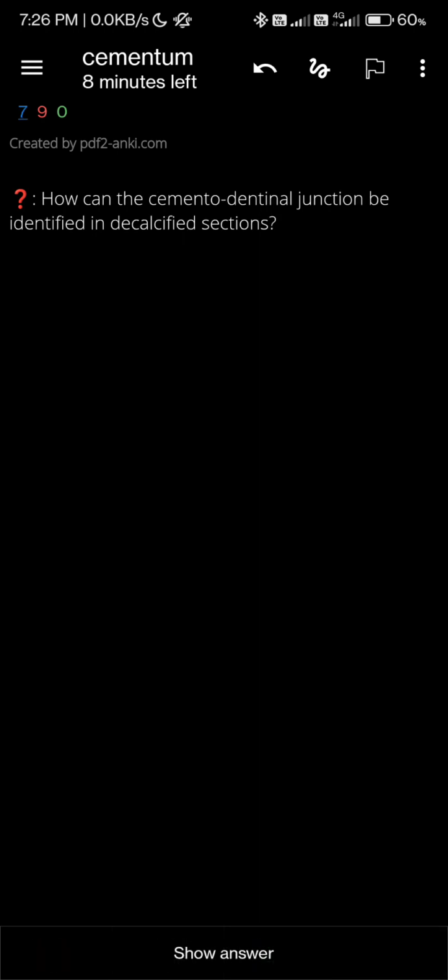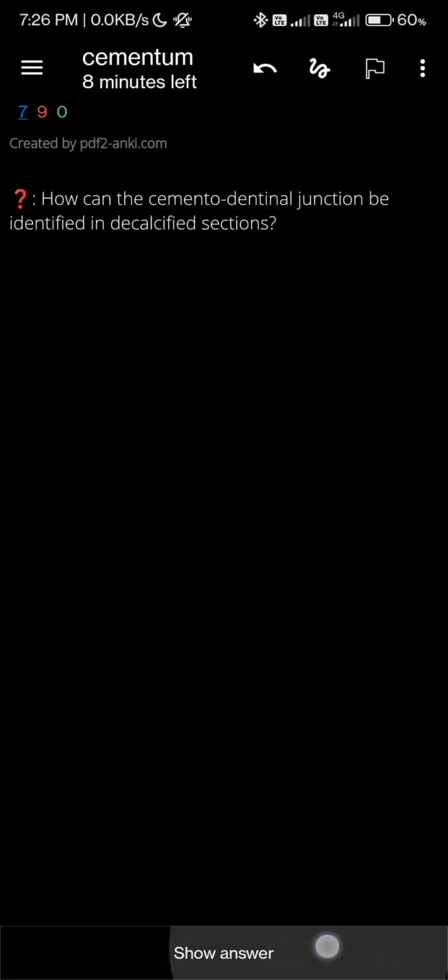How can the cemento-dentinal junction be identified in decalcified sections?